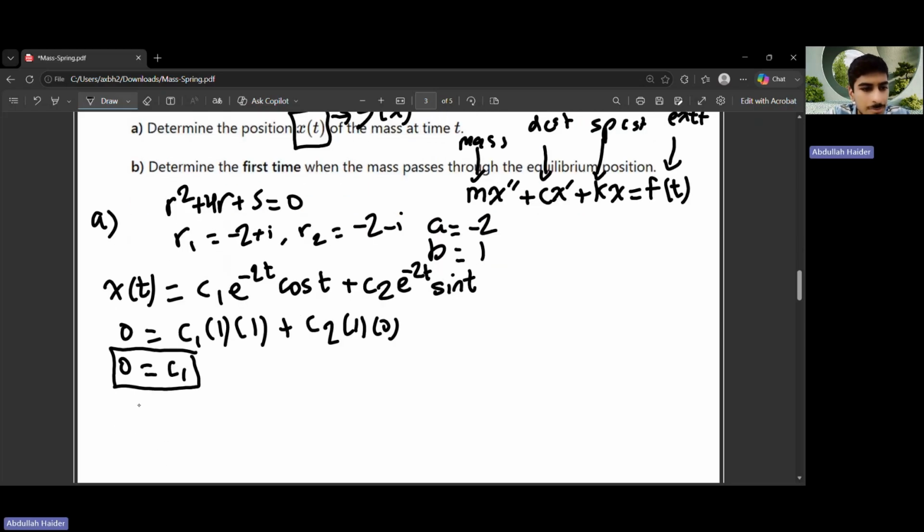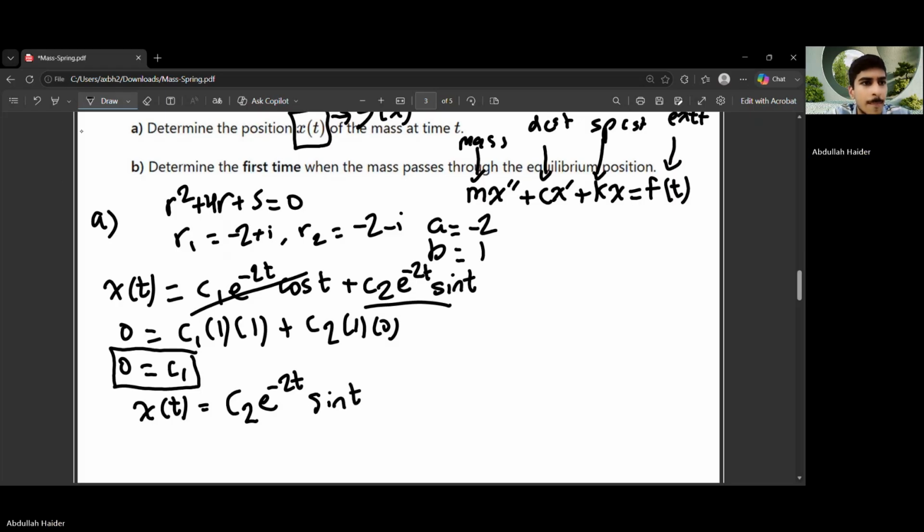So you can just do x of t. Since we have to find x prime first, it's better to get rid of this part, since C1 equals 0. What you have left is C2 e power minus 2t sine t. Now we can find the derivative.